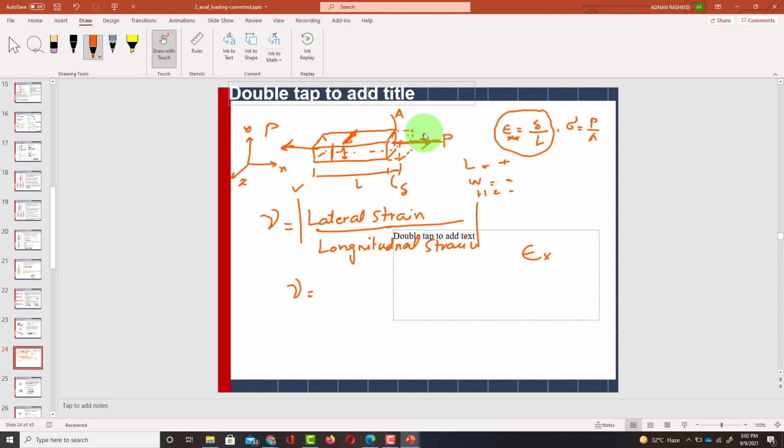It is not necessary that if the load is only in the x direction, there will be no strain in y and z. No, due to this horizontal or normal load in x direction, strain will be produced in x direction as well as in y and z direction, but that will be negative, meaning there will be contraction in y and z direction. Clear?